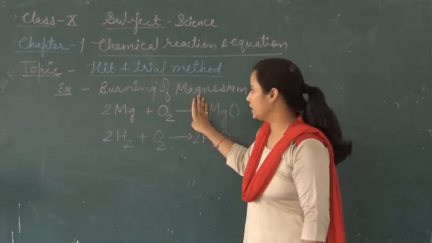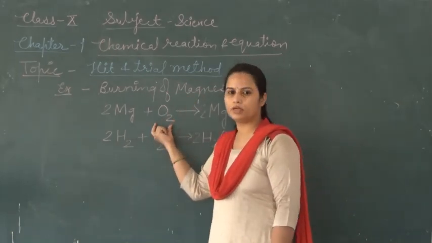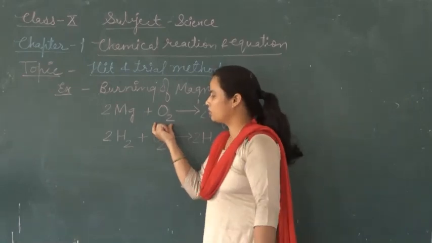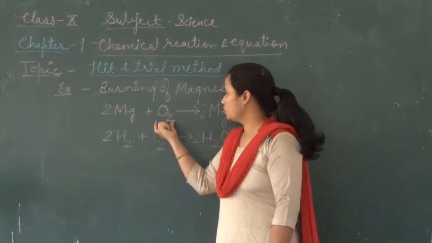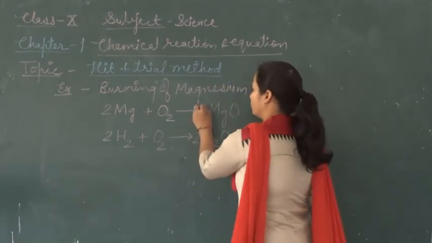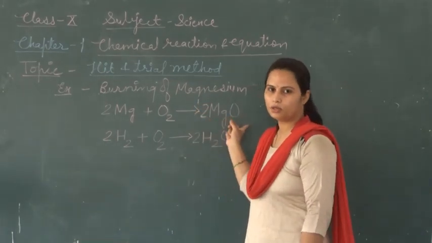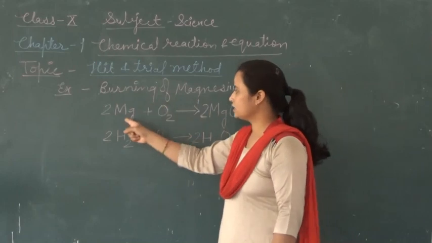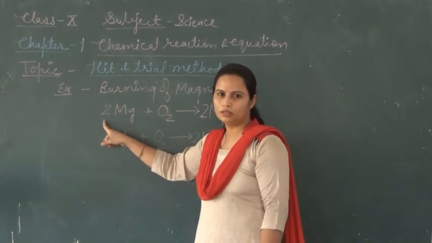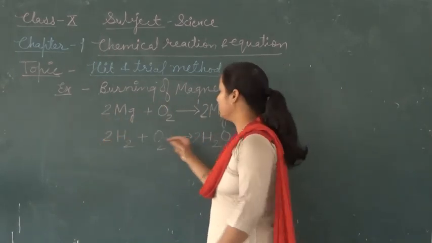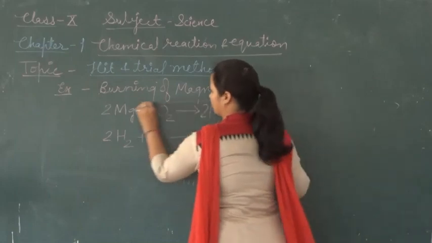Let me start to balance with the highest number of atoms, and the highest number of atoms is oxygen. So on the right hand side we write the common number 2. It is common for both magnesium and oxygen. So on the left hand side we write 2 atoms of magnesium. Now it is called a balanced equation.